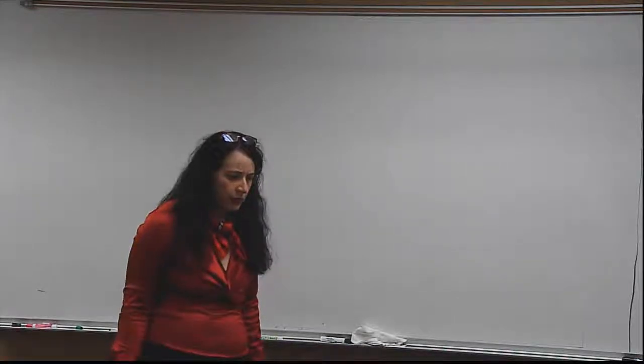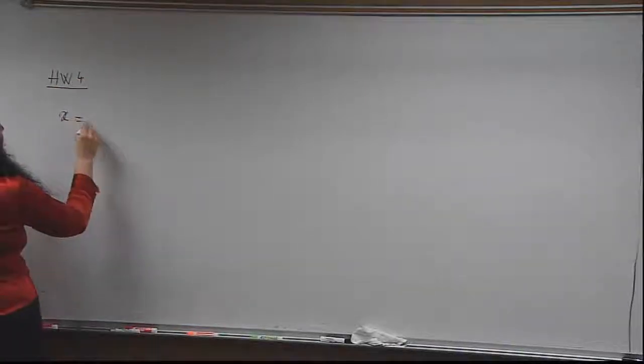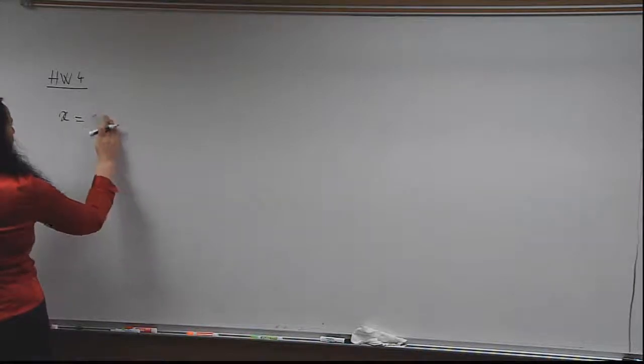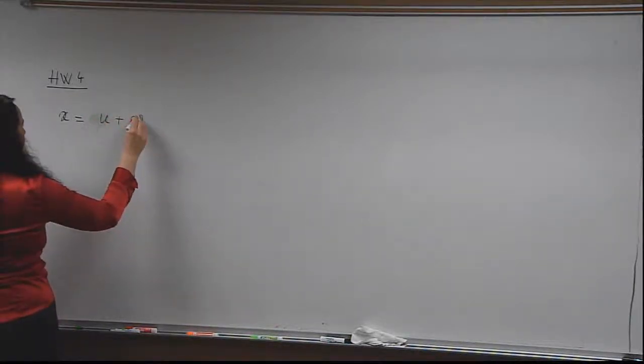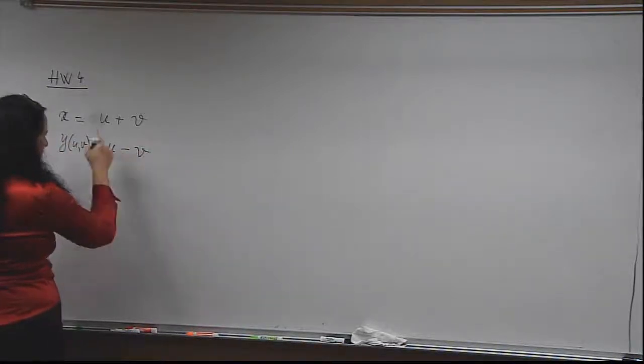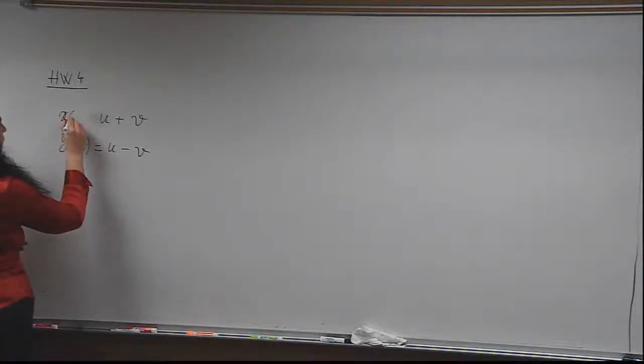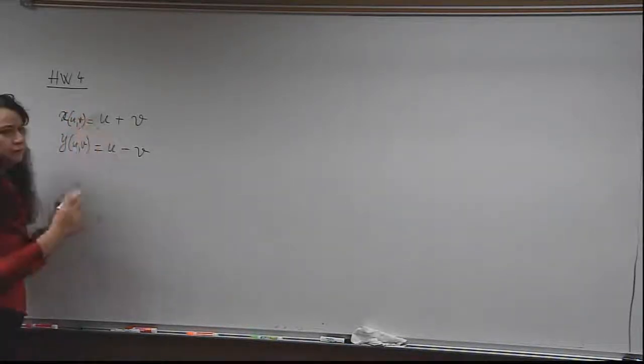Several people asked me to go over the last 2 problems of homework number 4. I'll give you an example of a problem that bothered a few people, and it's somewhat interesting because of course I make the algebra easier than it is. You have a function x and y that are both functions of u and v.